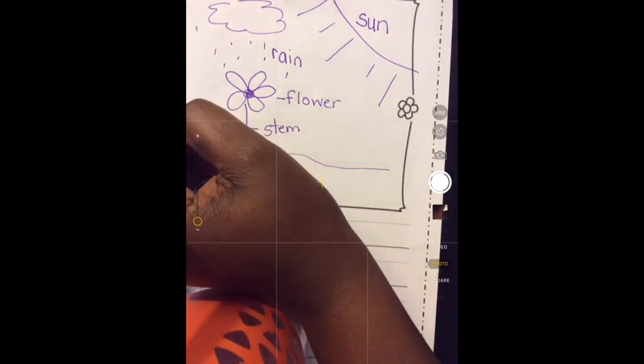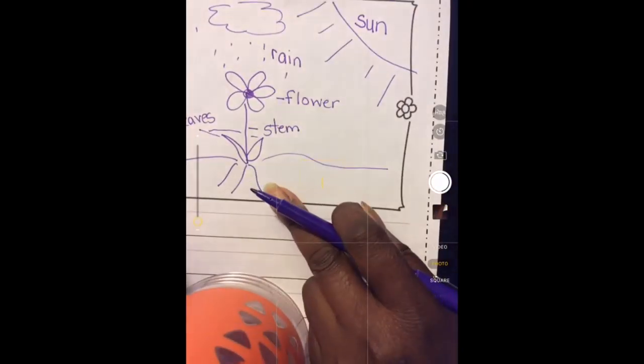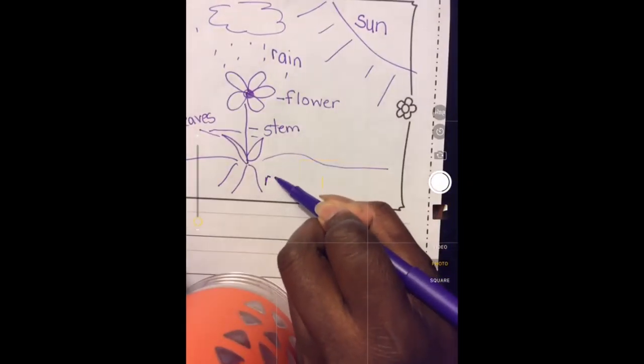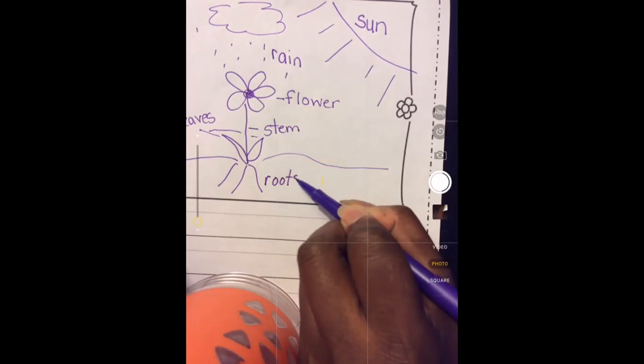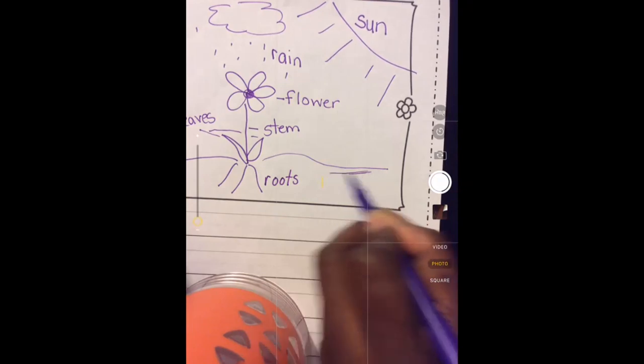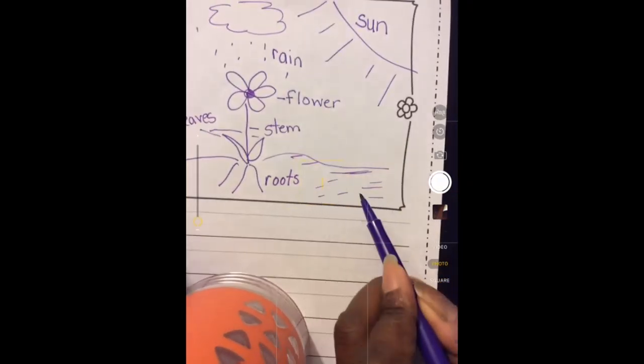These are leaves. And these are what? Roots. So how could I write it? R-O-O-T-S.